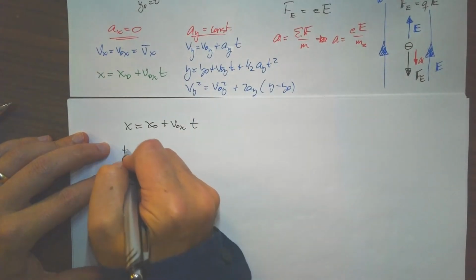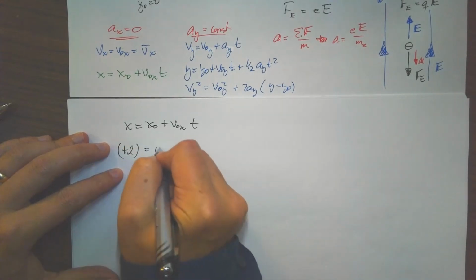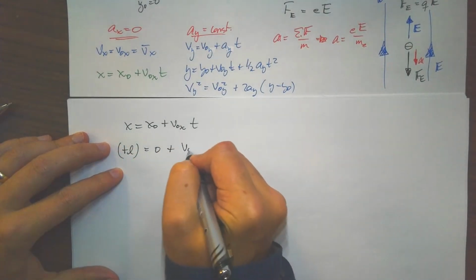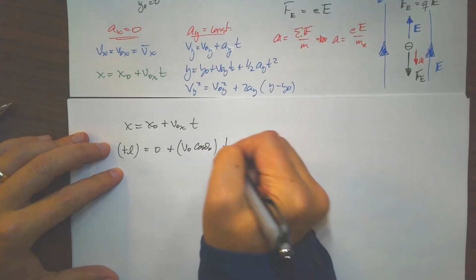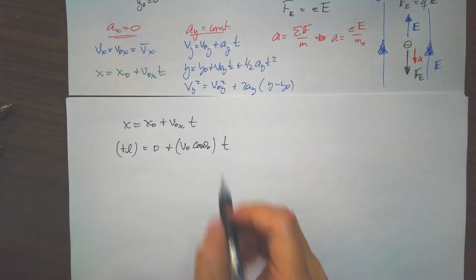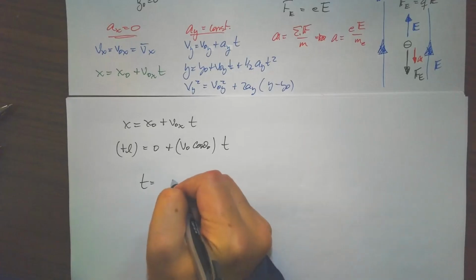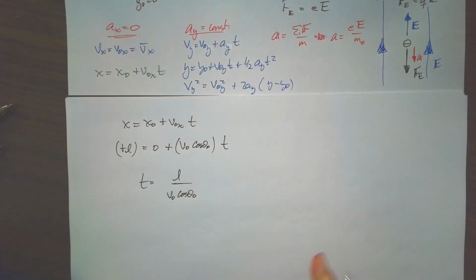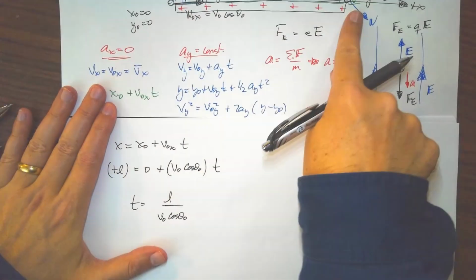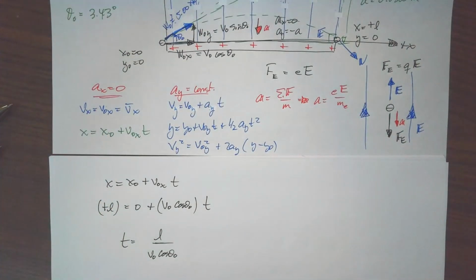Final x position will be L. The initial is 0. The V_0x is V_0 cosine of theta naught for my x component times the time. And then we can use this to get that the time will be L divided by V_0 cosine of theta naught. So there's the time it takes to go to the other side of the parallel plate.